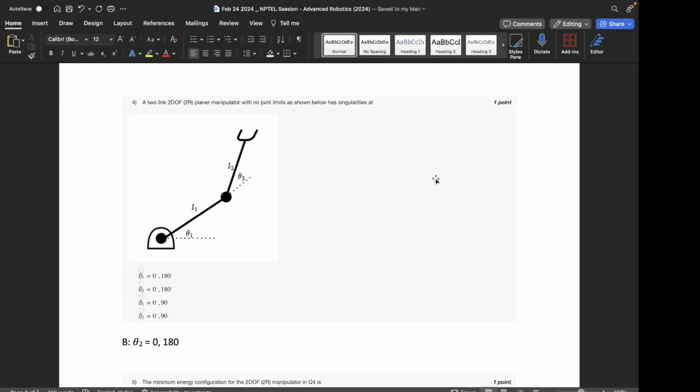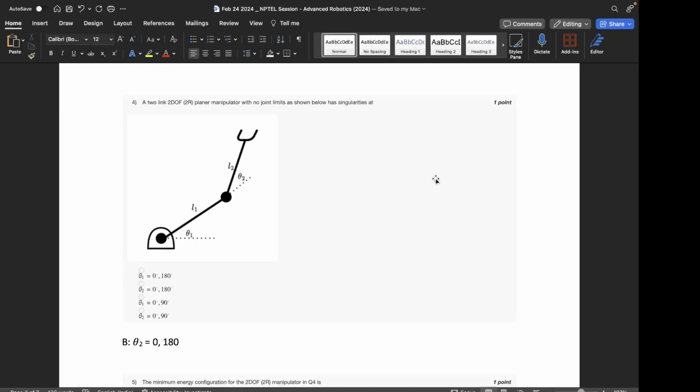Okay, so those are the two positions. I'll just repeat quickly. The position corresponding to theta 2 equal to 0 is the arm fully extended position, and theta 2 equal to 180 degrees is the position in which the arm is fully retracted.